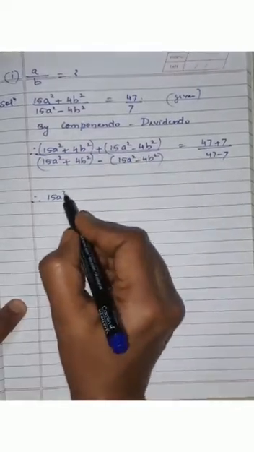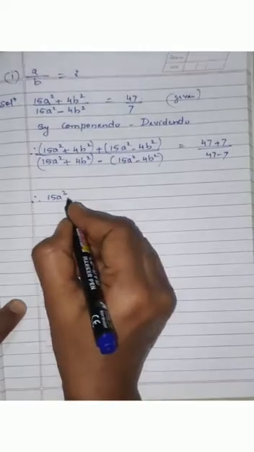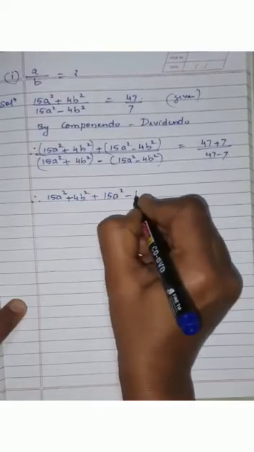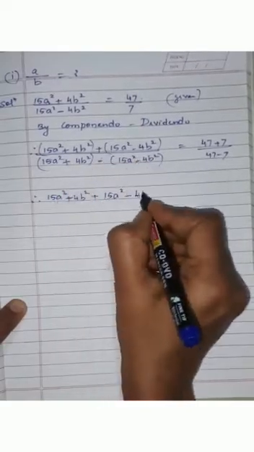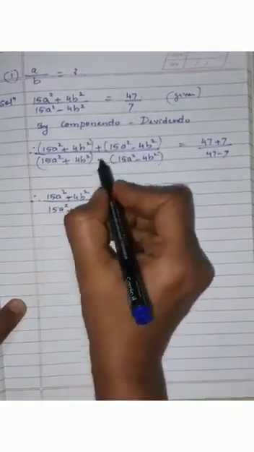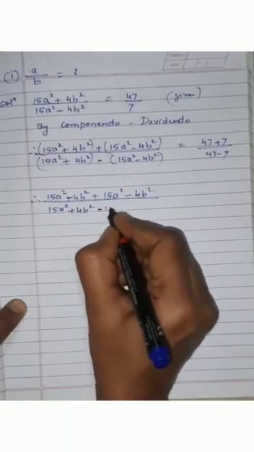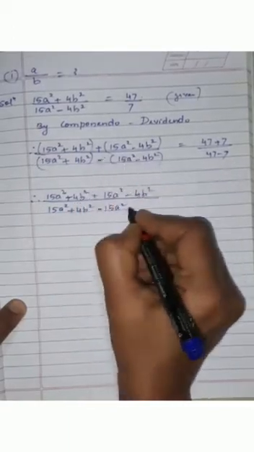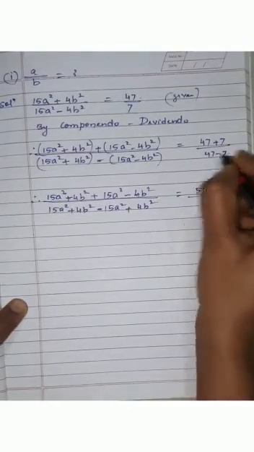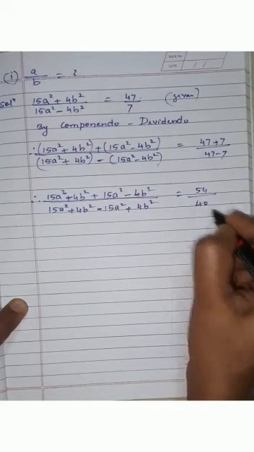When we open the bracket, we get 15a² + 4b² + 15a² − 4b² upon 15a² + 4b² − 15a², and minus of minus is plus 4b², equals 47 + 7, which is 54, upon 47 − 7, which is 40, children.